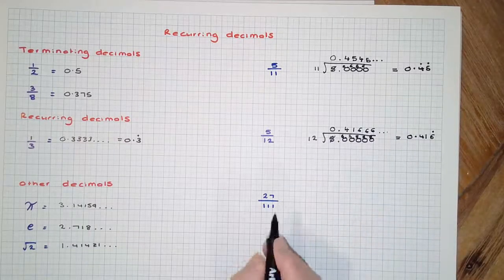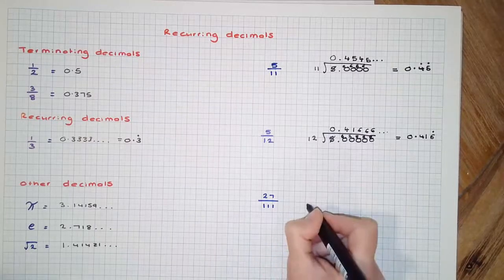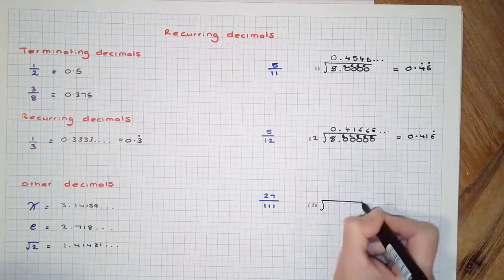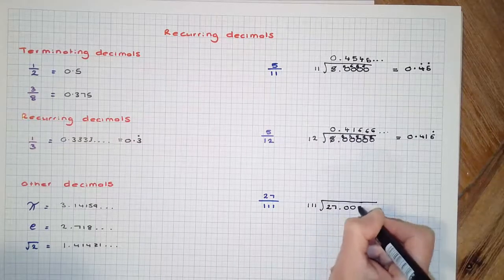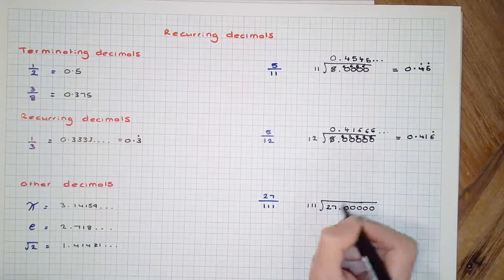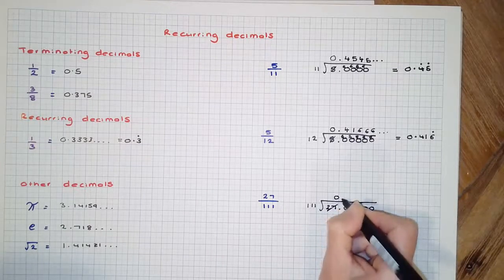Our last example, 27/111. 111 into 27. Again, I'll just add some zeros. I'm not sure how many I'm going to need. Now, 111 can't go into 27. Again, carry up the decimal place.